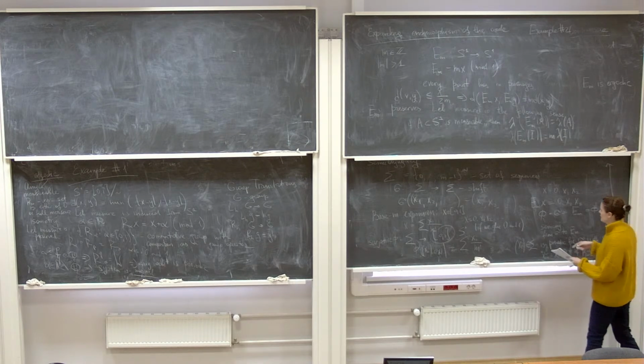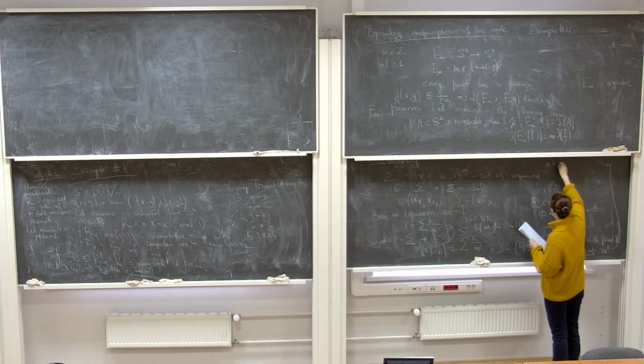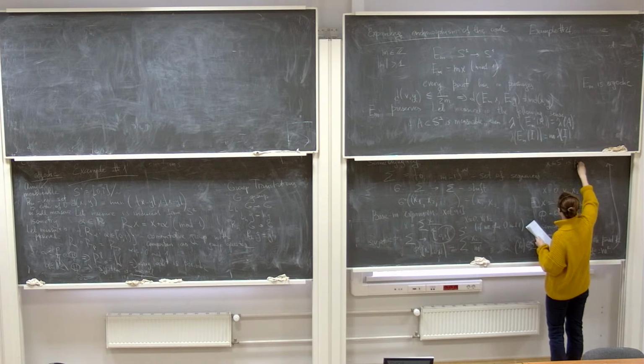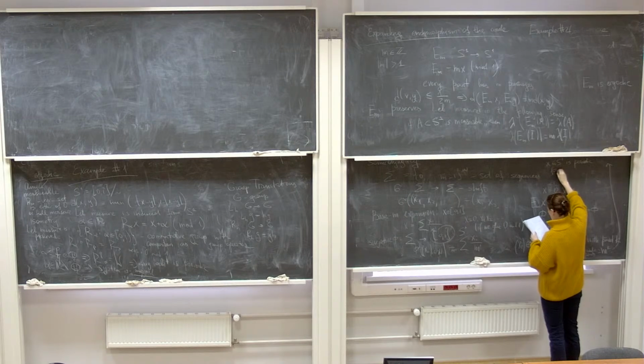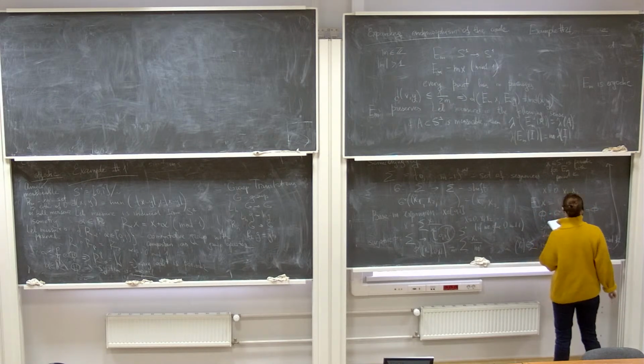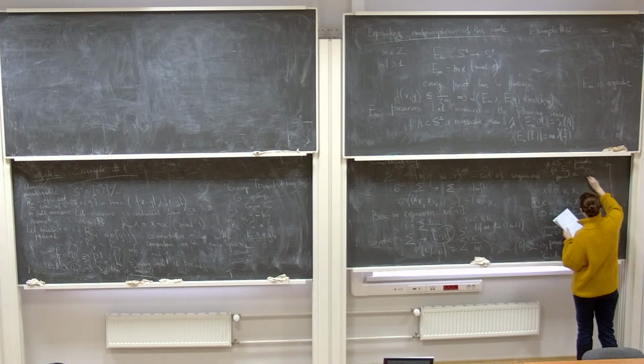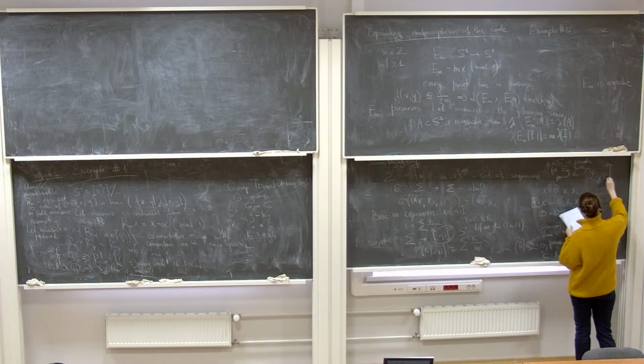So if x from S1 is periodic for EM with period k, then it's the same thing as to say that x has a base M expansion which is periodic with period k.